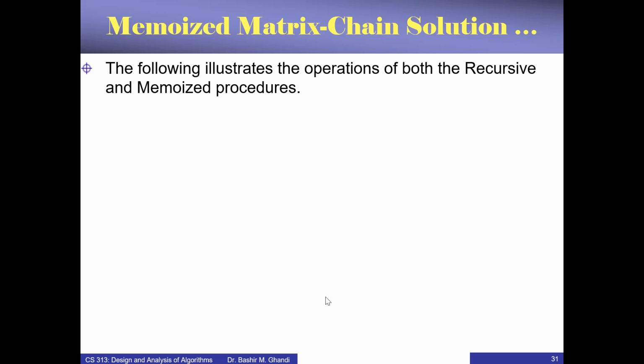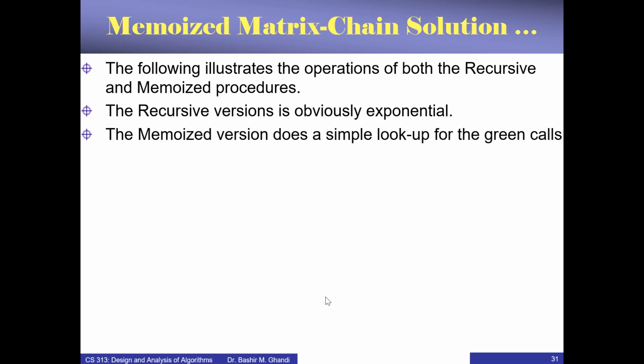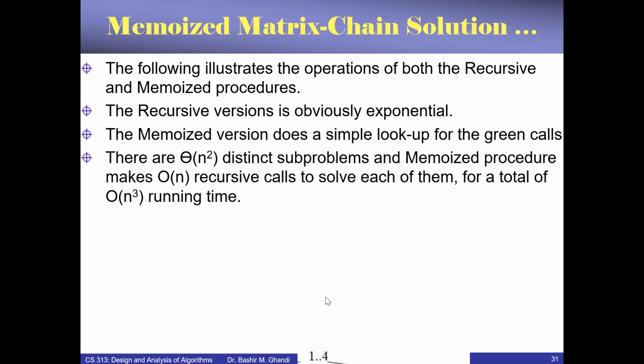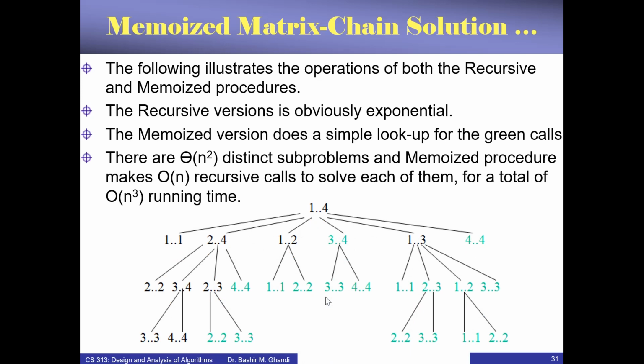Now the following illustrates the operation of both the recursive and the Memoized procedures in terms of their running time. The recursive version is obviously exponential. The Memoized version does a simple lookup for the green cells in the following tree. So even though there are many subproblems, the Memoized version will not repeat the calculation.